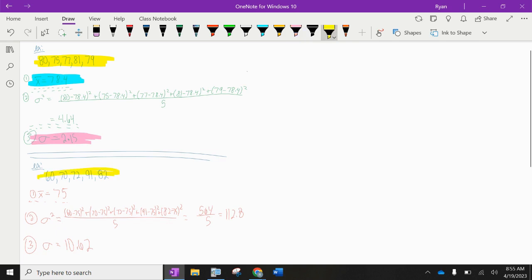Whereas in the second group, if you look at these numbers, they seem a lot more spread out. The smallest number is 60, way smaller than that one. The biggest number is 91, bigger than any of those. So they're already spread out a lot more. We get this average, which is pretty close to that average. So their averages are pretty comparable.